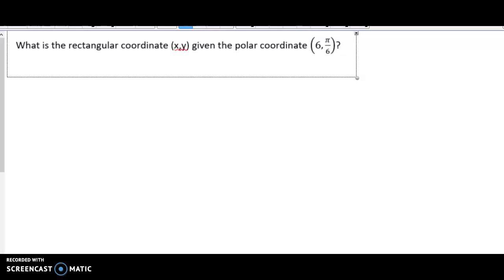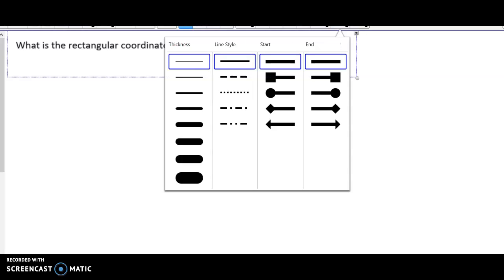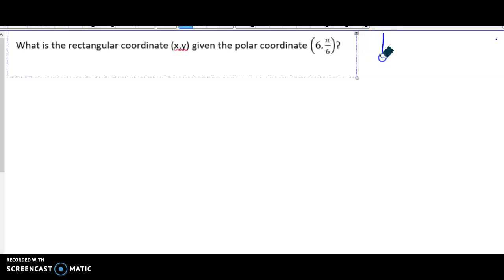So this question says, what is the rectangular coordinate x comma y given the polar coordinate of 6 comma pi over 6? One thing I want to first mention is, remember ASTC, right? Because r comma theta here, we know that theta is pi over 6, that's in quadrant 1.